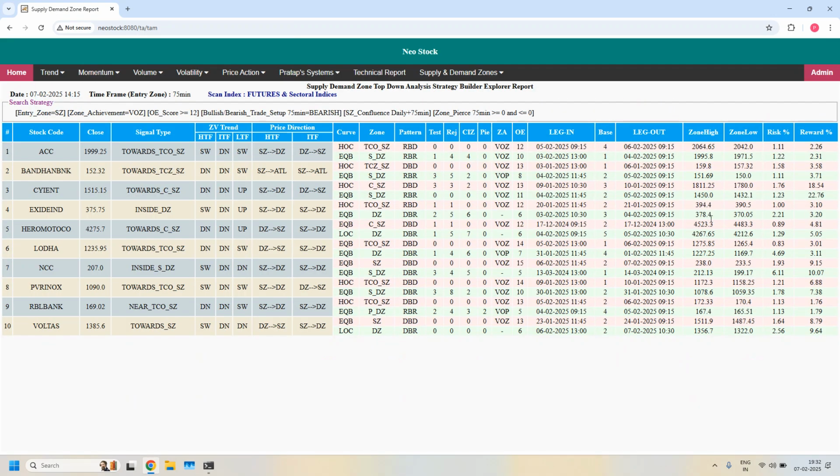With this filter, out of 12, we got 10 stocks. In these 10 stocks, the 75 minute supply zones are overlapped with daily supply zones. And the daily trend, the ITF trend, is down in all these stocks. Because the 75 minute supply zone is overlapped with the daily supply zone, if the daily supply zone has daily EMA confluence, then these are even higher probability trade setup supported stocks.